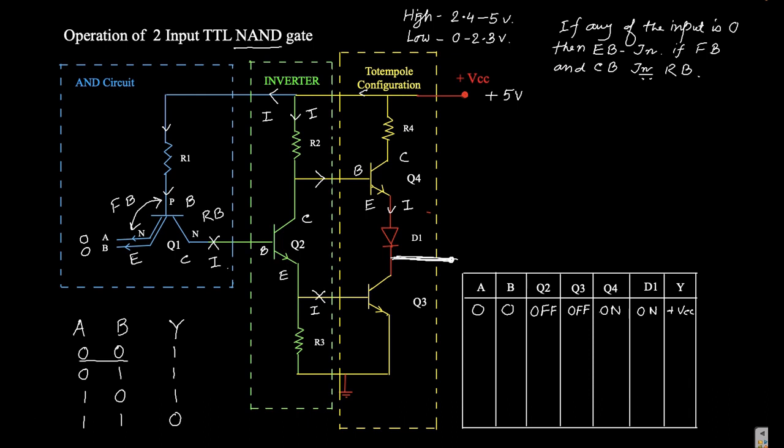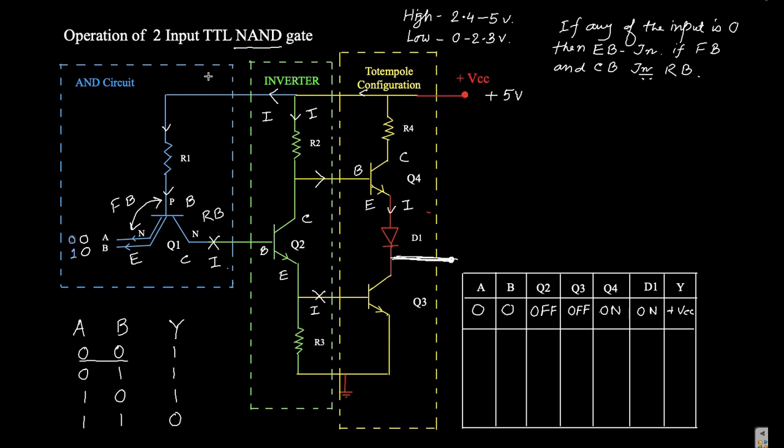Now considering case 2, taking A as 0 and B as 1.